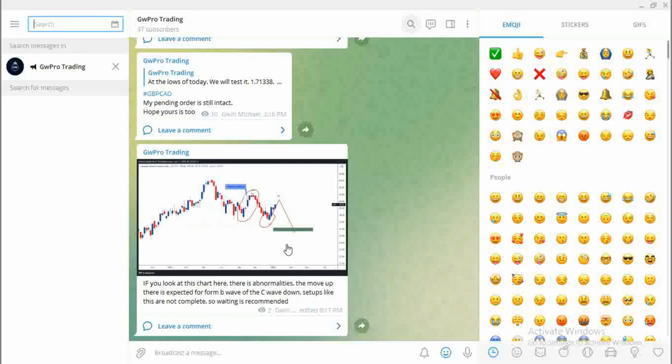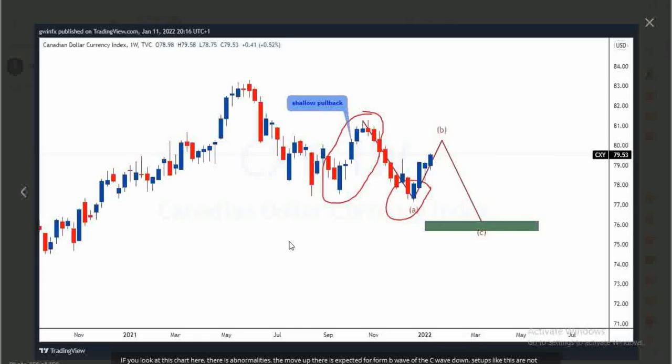This is also the chart of the CXY. The CXY is the Canadian dollar. We can see that this could possibly have been a WXY completion, but this is too shallow for a Y. Whatever drops happened, it went below the previous lows right here, and it could as well fit the bill for a Y, which could send price upside.